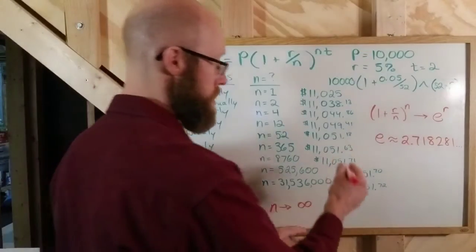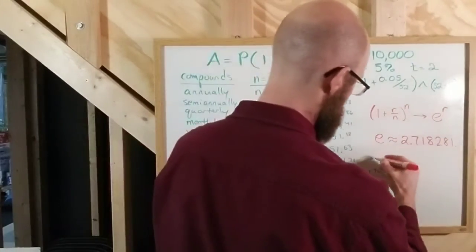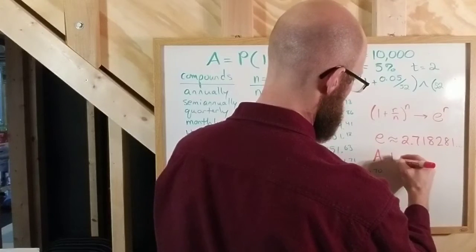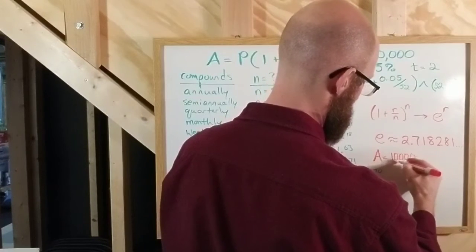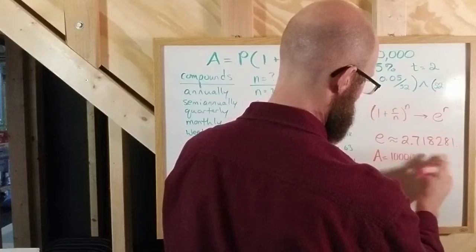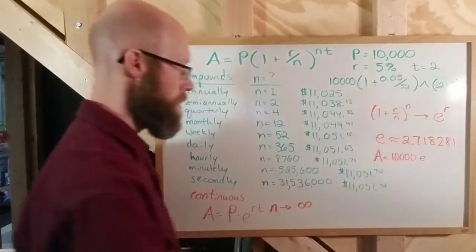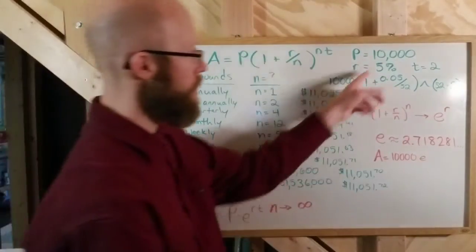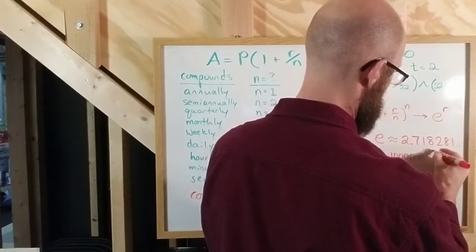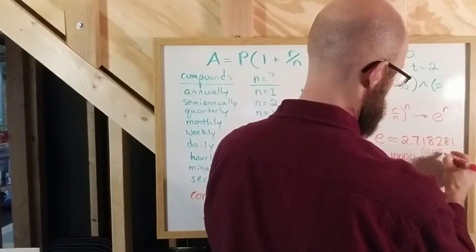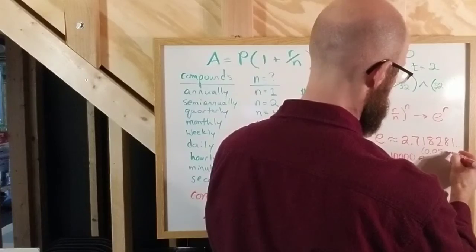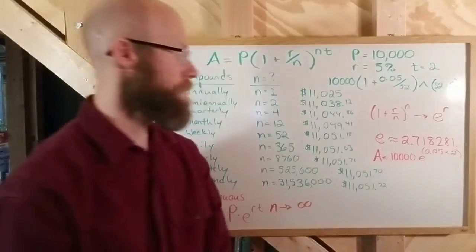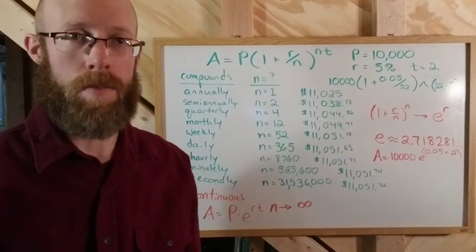We plug these things into the formula. So A equals 10,000 times e, that's this number, raised to the RT, well, R is 0.05, times the T value, which is 2. Okay, so all that is in the exponent.